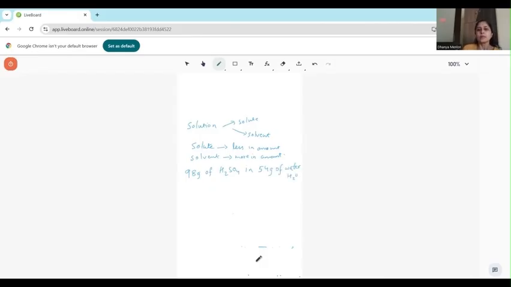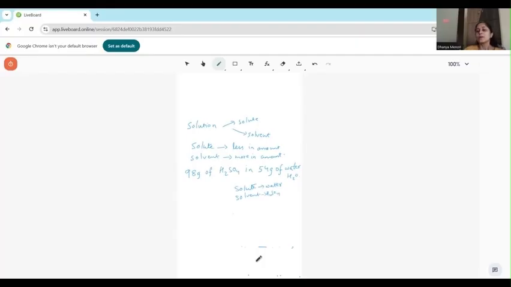Now, looking at the amount, we just studied solute means whichever is less in amount, right? So quickly you will say, okay, solute is water and solvent is sulfuric acid, looking at the amount.